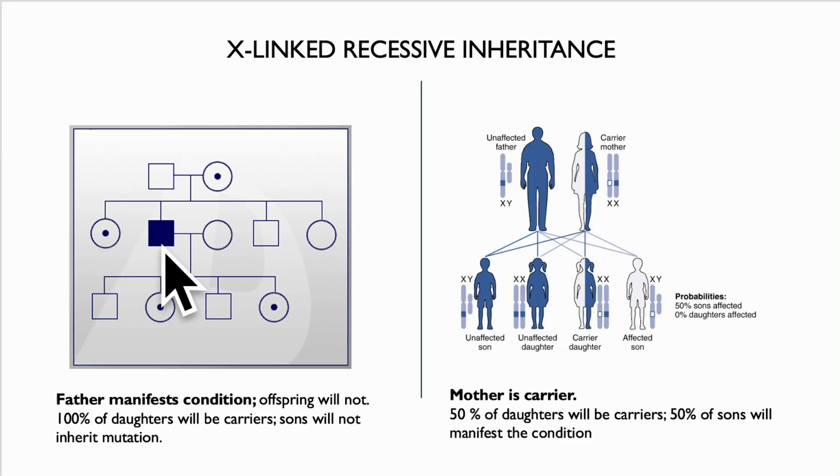In these cases, this inheritance pattern is also characterized by skipping generations. We have exactly the same here: carrier mother and unaffected father. It's exactly the same, but represented with the little persons.